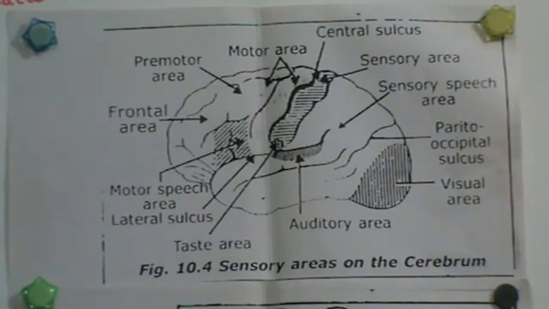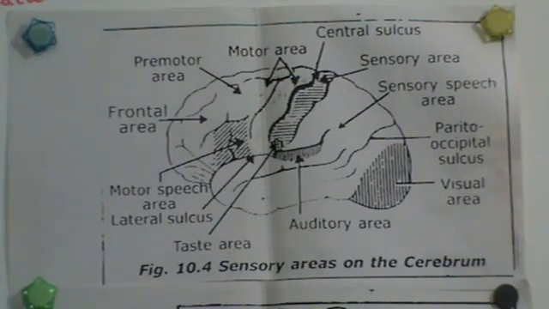So what are the sensory areas located in each one of them? You can see that in the frontal lobe you have the premotor areas, the motor areas and the motor speech areas. In the parietal lobe you have the sensory area and the sensory speech area.